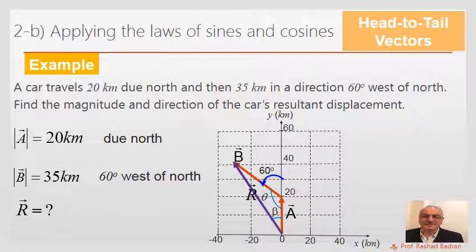Now, by drawing the two vectors, the resultant can be drawn from the tail of the first vector up to the head, and then we can determine the magnitude and direction of this vector.